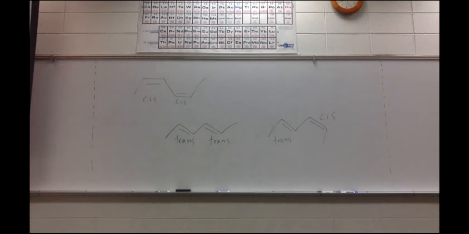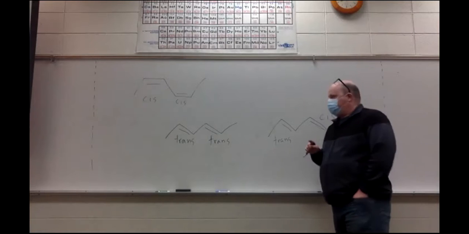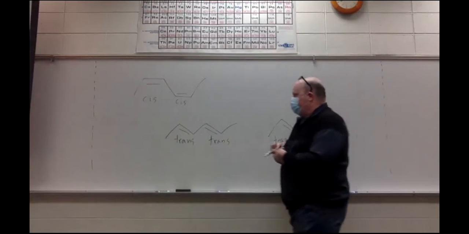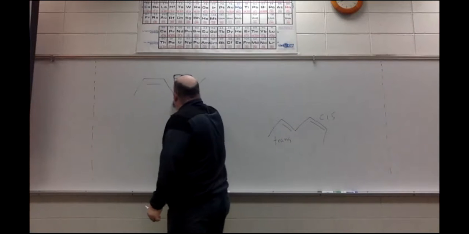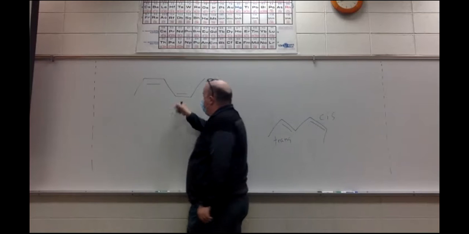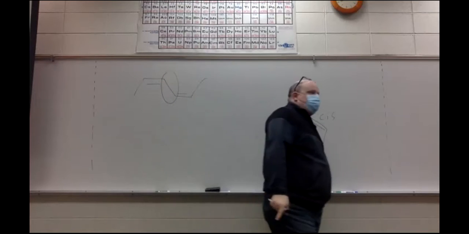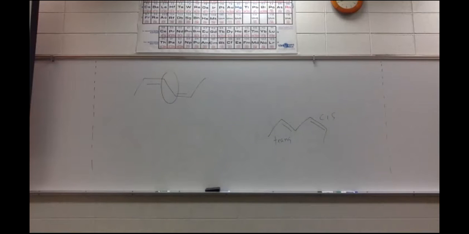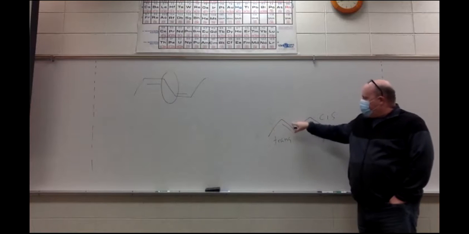Now, there is still another relationship stereochemically that we can describe, one that you haven't seen yet. And that's the relationship of these double bonds around this single bond. So basically, it's the opposite of what we've previously learned. Previously, we've learned about how the single bonds are arranged around a double bond.